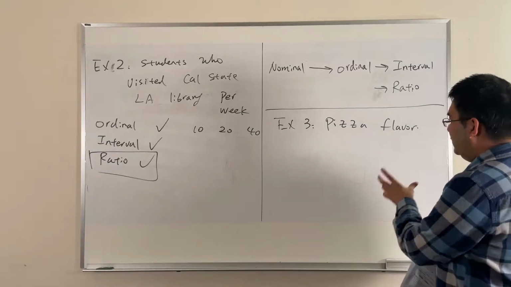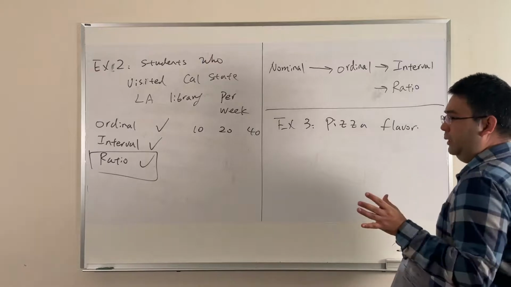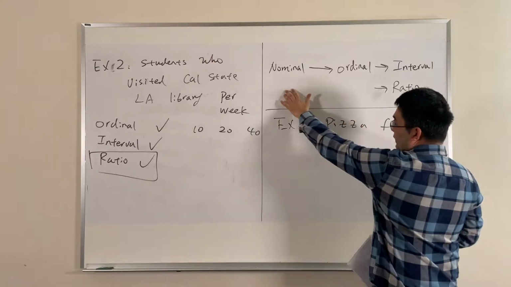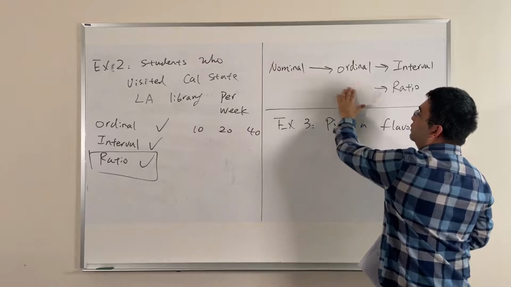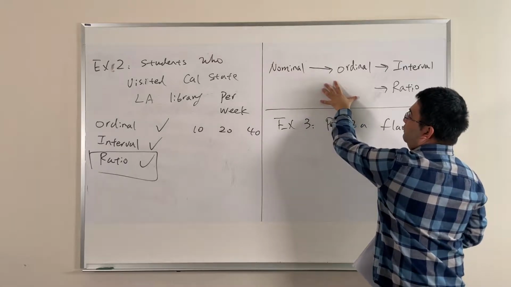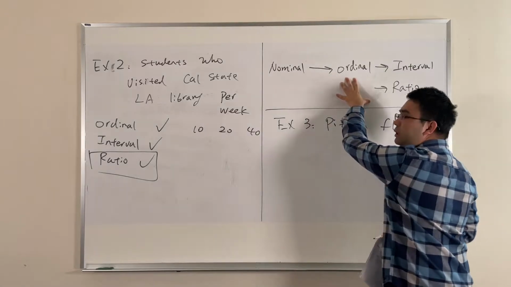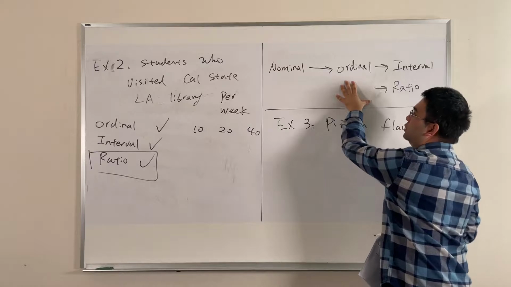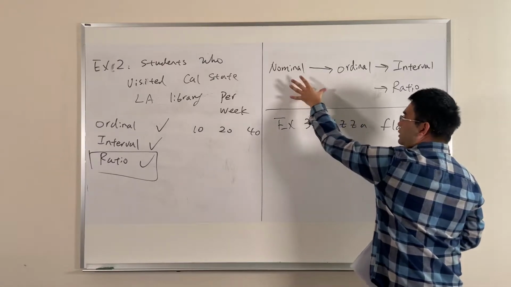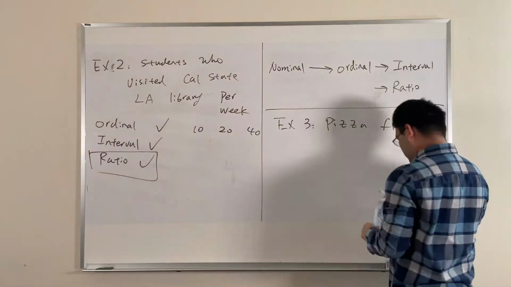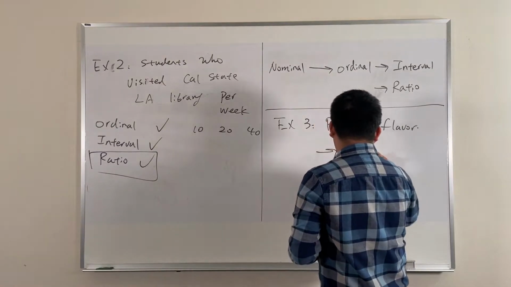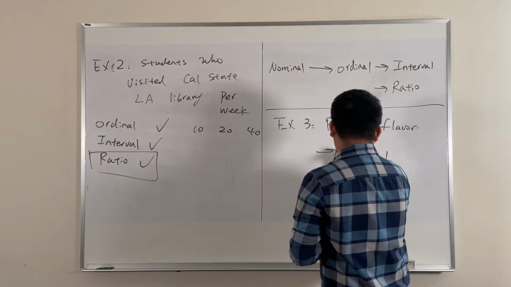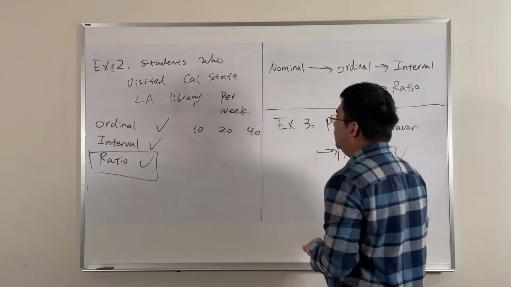So are pizza types or flavors nominal? Yes, it's always nominal. Is it ordinal? Not really, because different people like different types of pizza, but you cannot really rank the types of pizza. So in this case, you're stuck with nominal. It's just nominal because you cannot rank them. Okay, good.